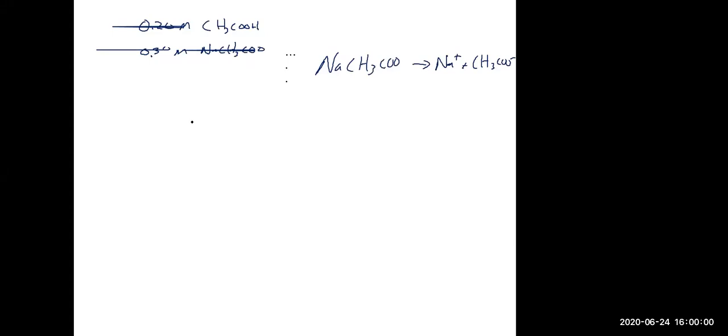So in terms of sort of the ice table, which is what we need to do, the ice table would be set up based on the acetic acid because that's the only thing that's going to basically set up the equilibrium.